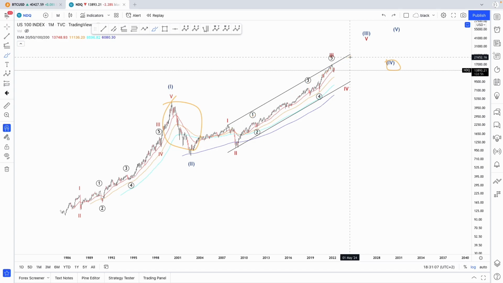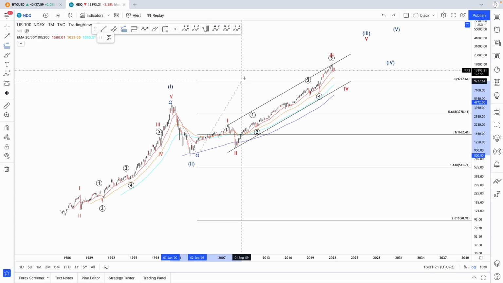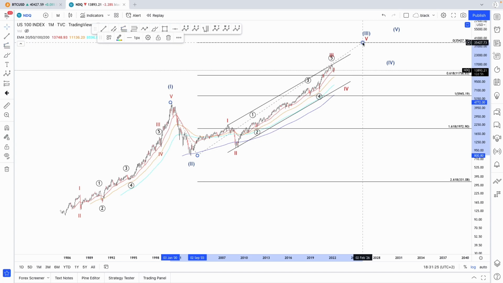One thing we can do, and we're going to go over it later on in the video, is use Fibonacci measurement to check for equalities or any other fib-related length relationships. So let's assume wave 3 could end at some point here. Then we could say that equality would be here, but even 61.8 could be a good place for a wave 4 position.